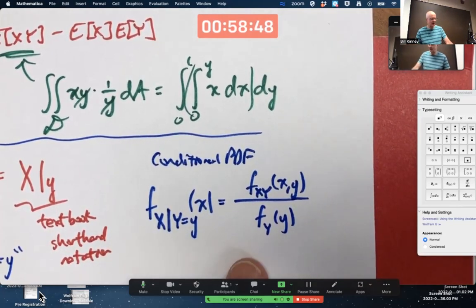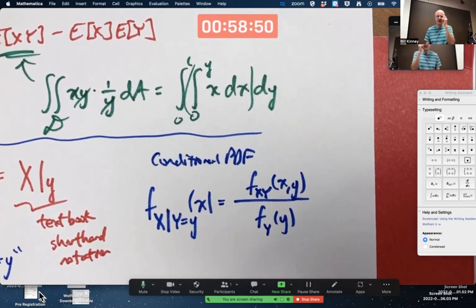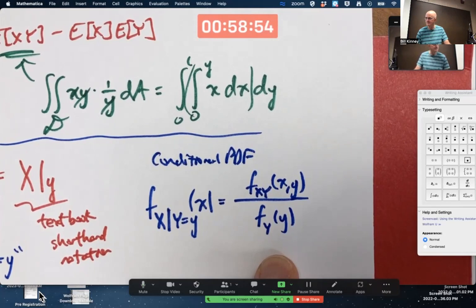When you look at this, you should say to yourself, this is a function of x, even though there are y's in there, because you're thinking of the value of little y as given, as fixed, as constant. So yes, you do need that value of y to figure out the formula, and if you let y be arbitrary, it will depend on y. But I'm mostly thinking of x as the variable.